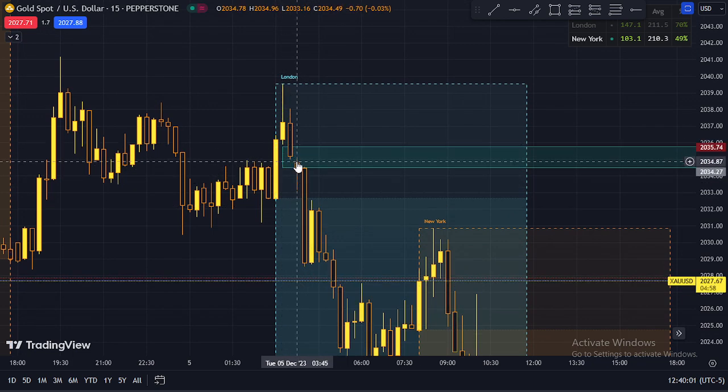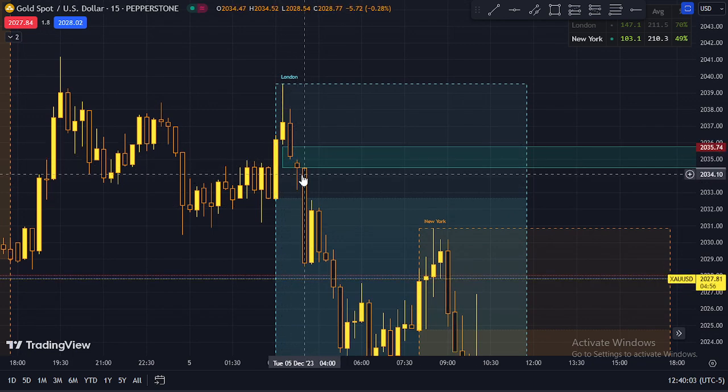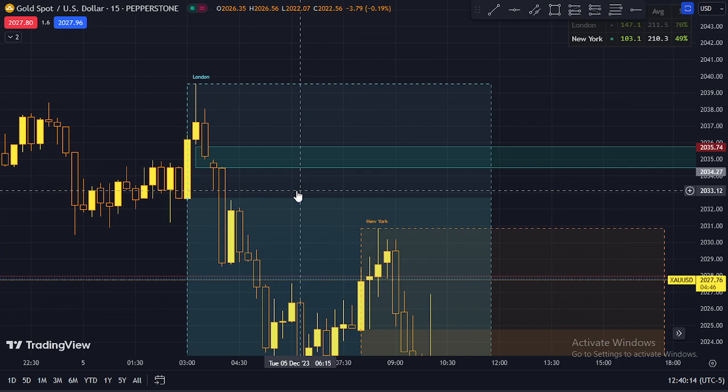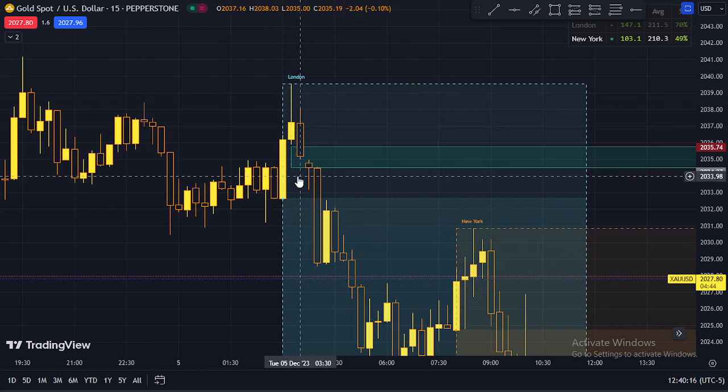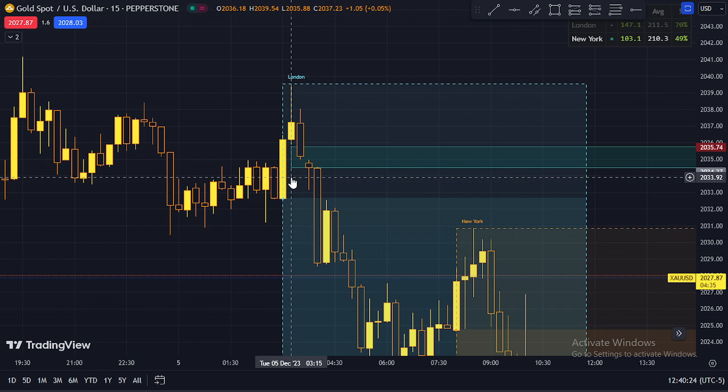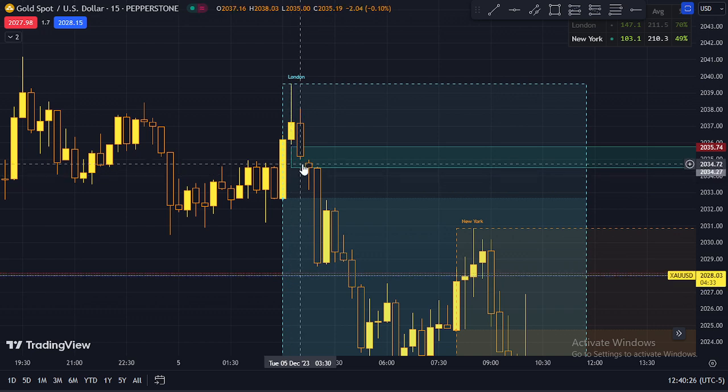From this candle's low to this candle's high, that is an imbalance, but the space in between these two candles, that is a real liquidity void where no trading took place at all. If the wicks of these candles overlapped, that is what we refer to as a volume imbalance.